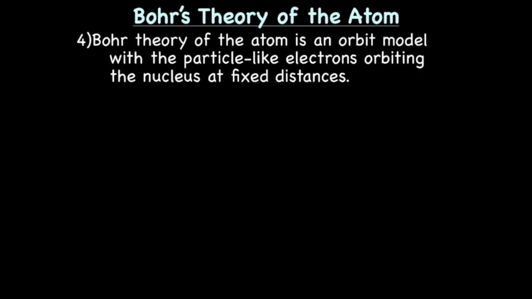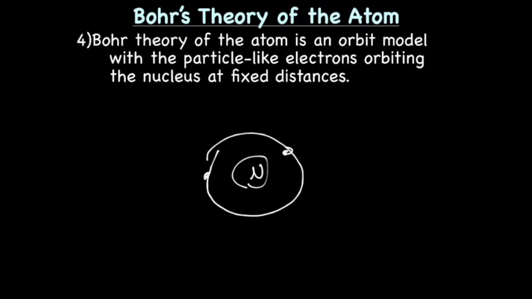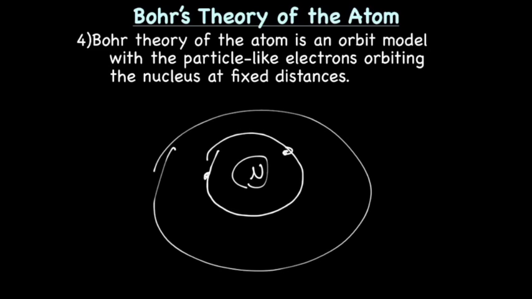So Bohr went on to explain the theory of the atom. And what he came up with is that it's an orbital model with particle-like electrons orbiting the nucleus at fixed distance. You've all seen this kind of thing. So we've got the nucleus, and then around the nucleus are electrons. And there's another energy level with more electrons.